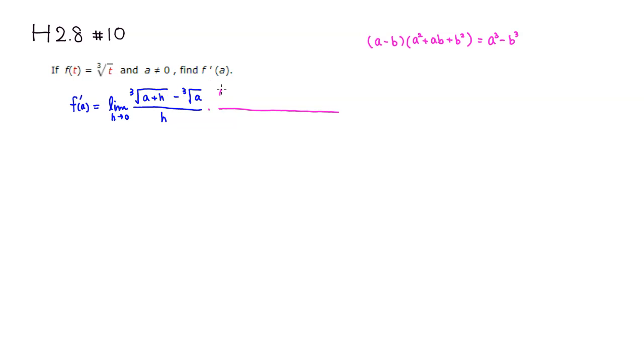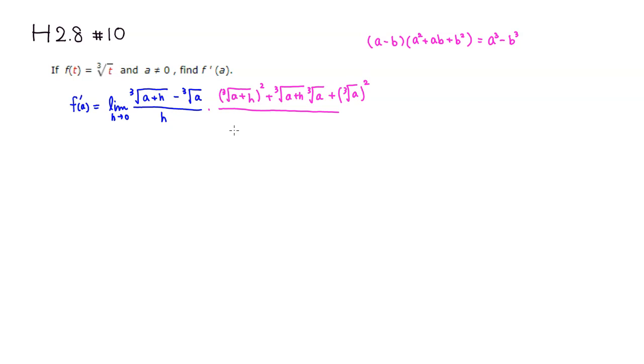You have the first guy squared, so it's the cube root of a plus h, squared, plus the cube root of a plus h times the cube root of a, plus the cube root of a squared.